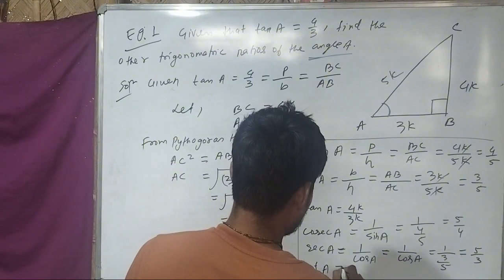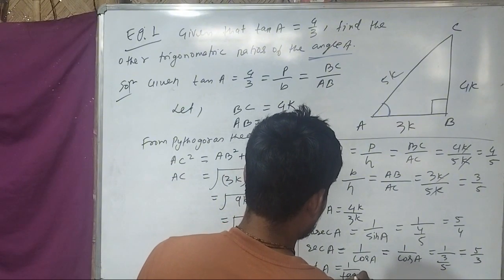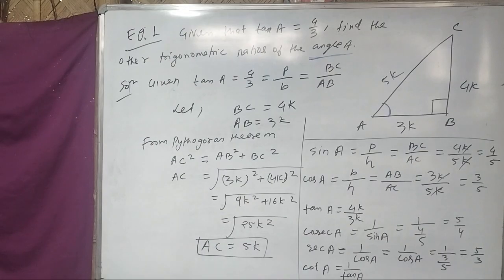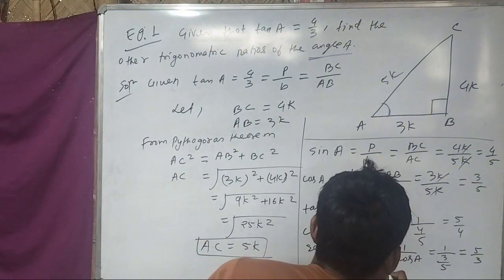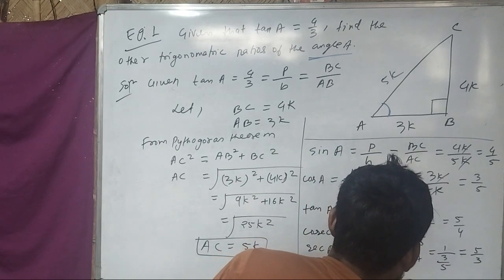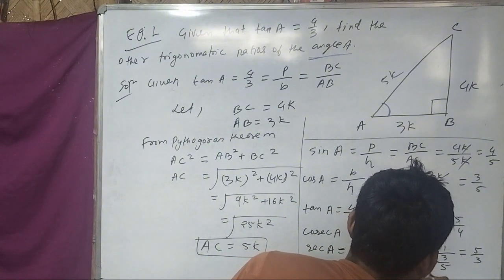Cot A will be 1 by tan A, that is 1 by 4 by 3, which means 3 by 4.